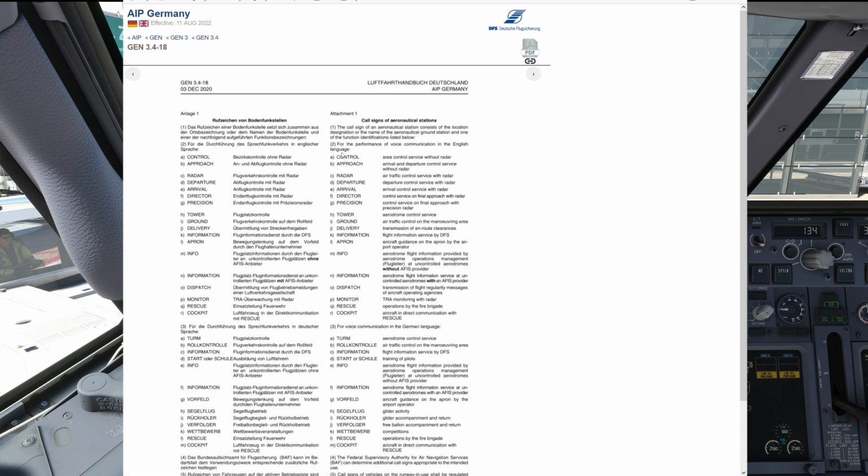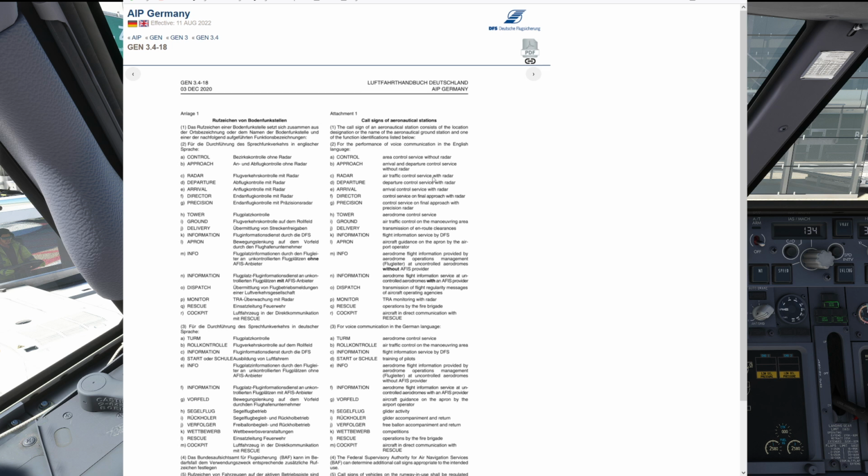Also nice to know over here is the call signs of aeronautical stations. So that is basically what the air traffic controllers are being called. For example, in here we can see that somebody who has the prefix control is an area control service, but he doesn't have radar. Somebody who's called radar is an air traffic control service with radar.